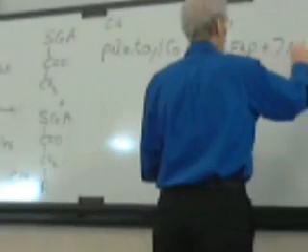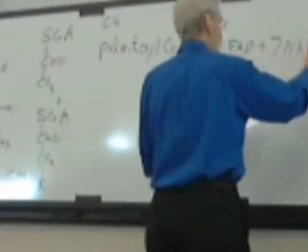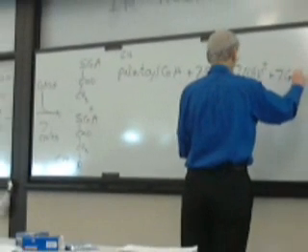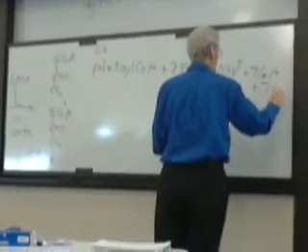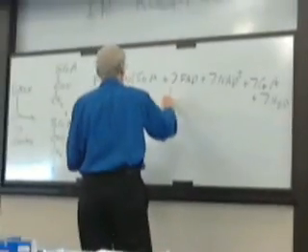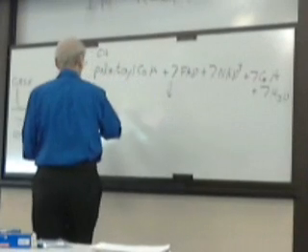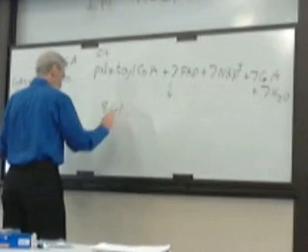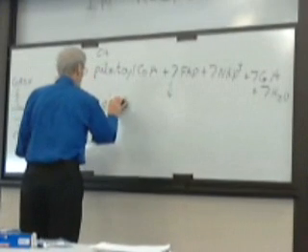We are going to use 7 NAD molecules. We are going to add 7 molecules of coenzyme A, and we're going to add 7 molecules of water. And this is all going to go to 8 molecules of acetyl coenzyme A.